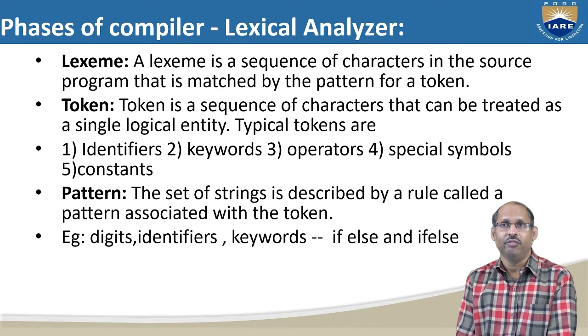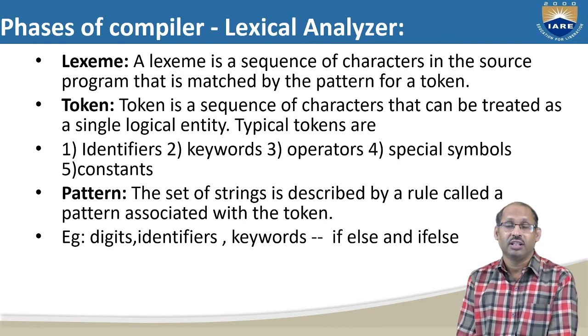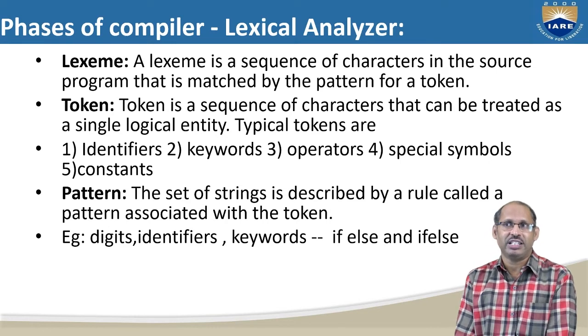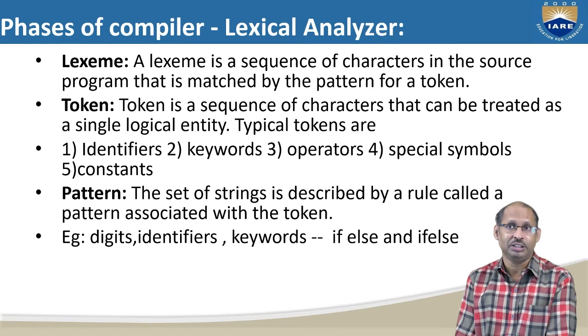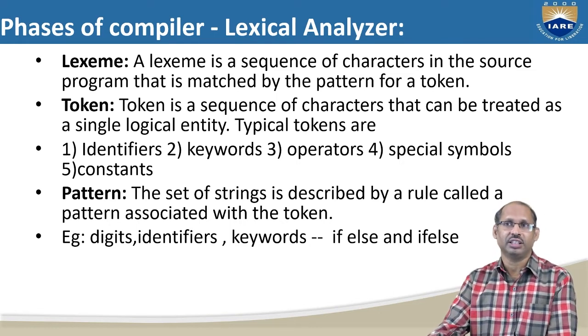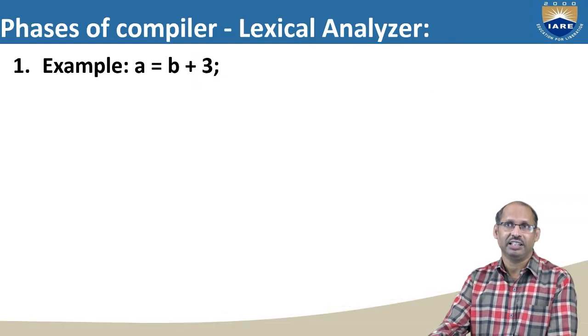A letter followed by letters or digits is the pattern, a lexical rule for identifiers, right? So the programming language will have these lexical rules or patterns by which we group the lexemes into tokens, right? So that is the task of the lexical analyzer.